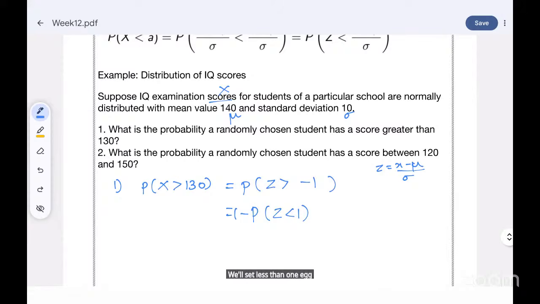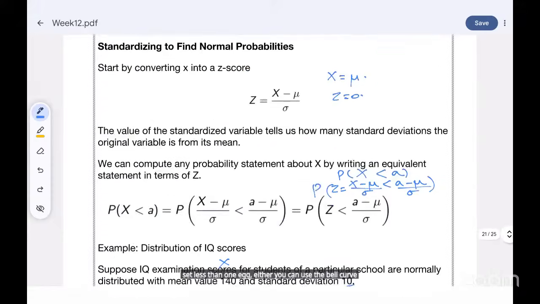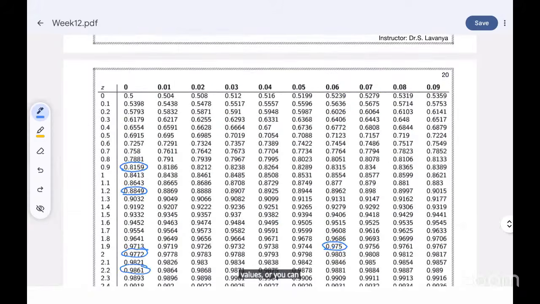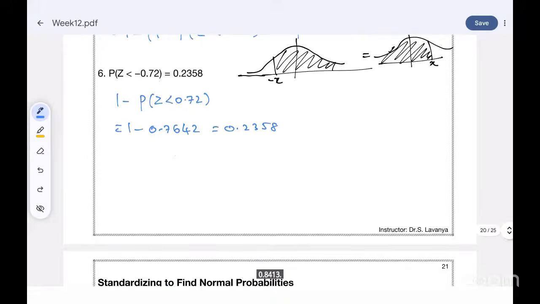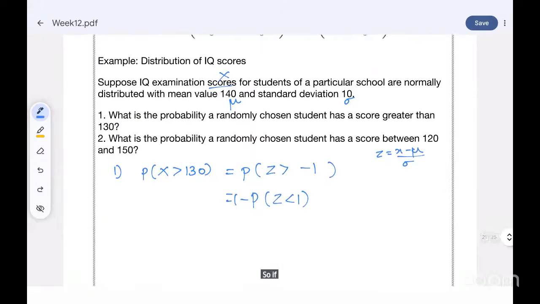Either you can use the bell curve values or you can use this table as well. If you are looking at the table, then what you should get is 0.8413. So if you subtract it from 1, what is the final value? 0.16.